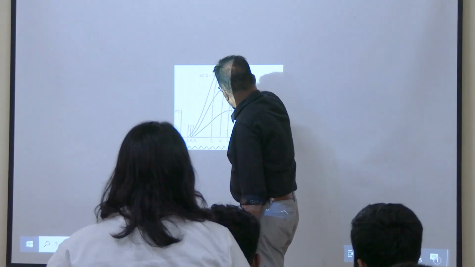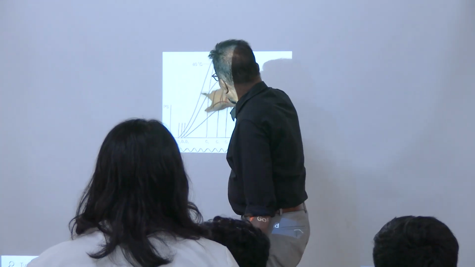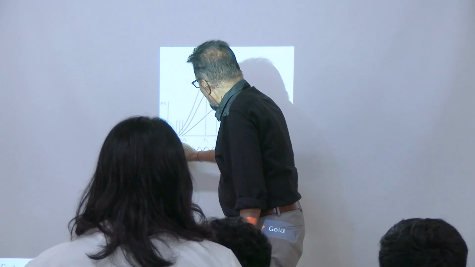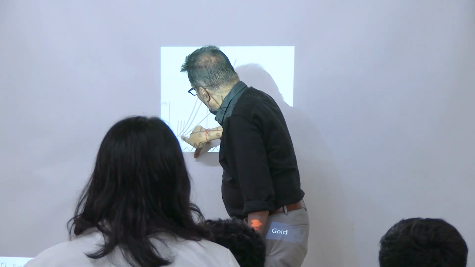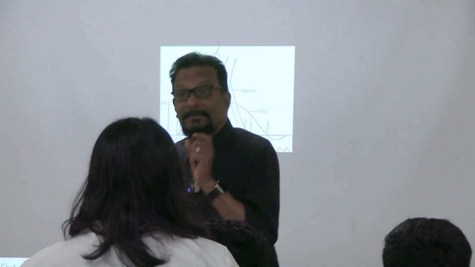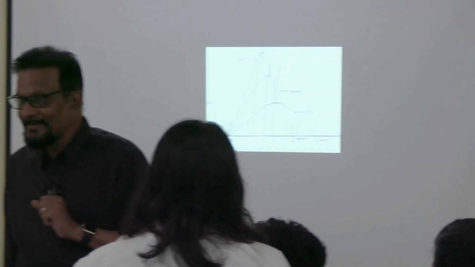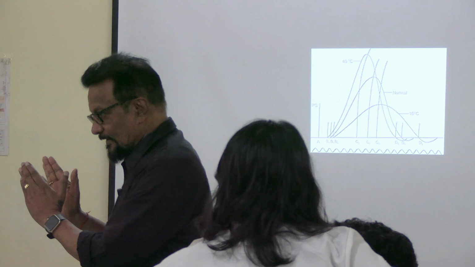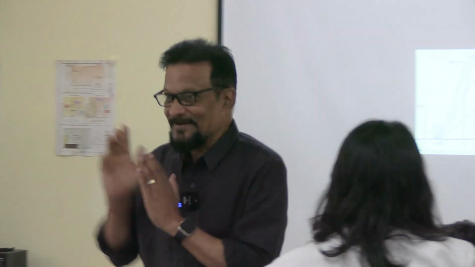But this twitch is with hot saline. Now see, is the latent period increased or decreased? The latent period is decreased. The distance is less now, so it took less time to contract. It means the impulses travel faster.